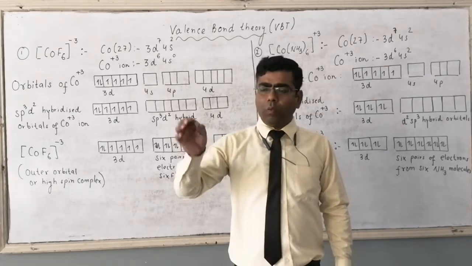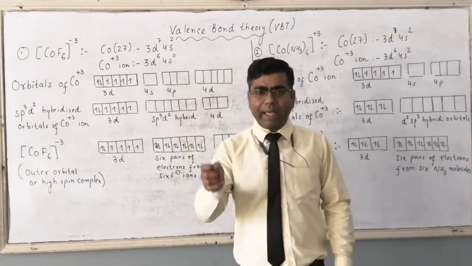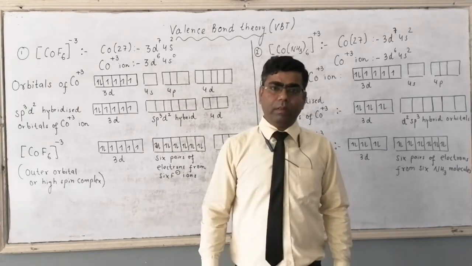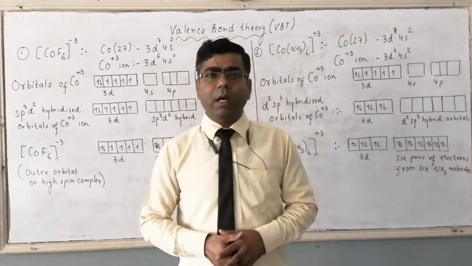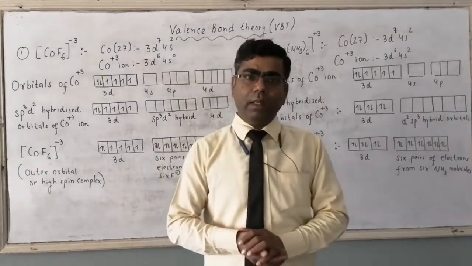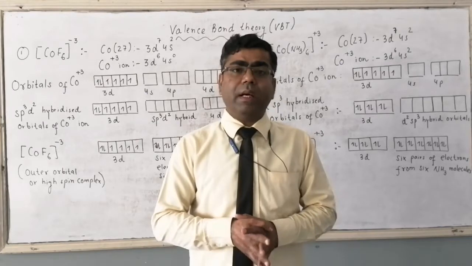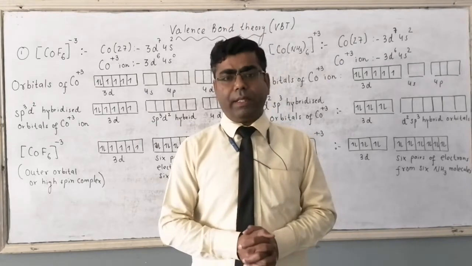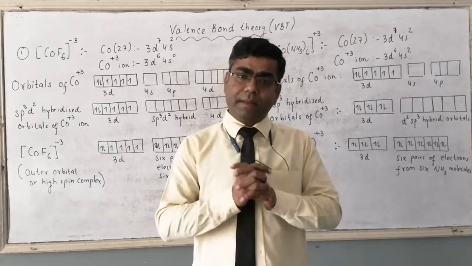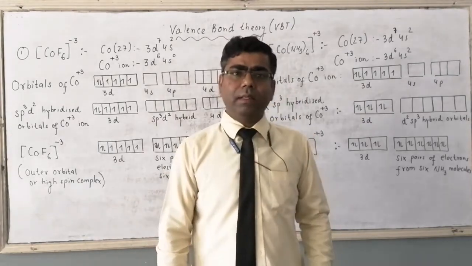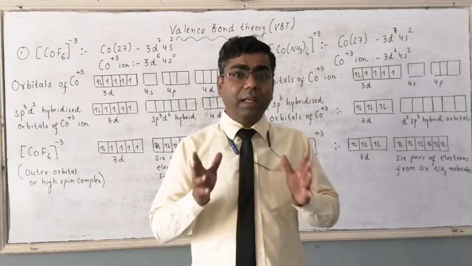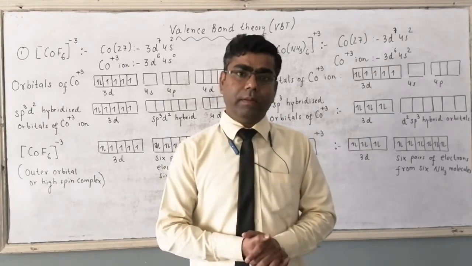Now, if one d, one s and two p orbitals are involved: how many from d? One. How many from s? One. How many from p? Two. So again, four orbitals undergo intermixing of energy, as a result of which we again obtain four hybrid orbitals, that is dsp2.